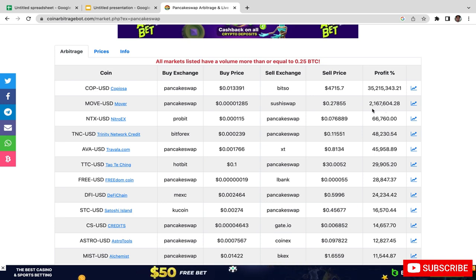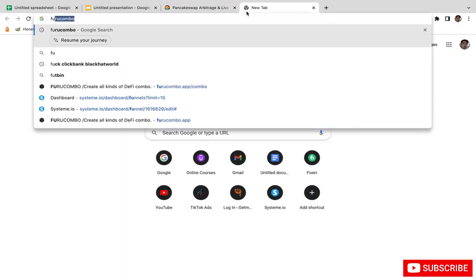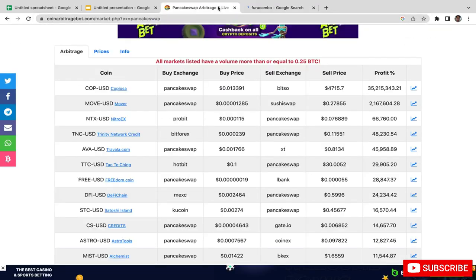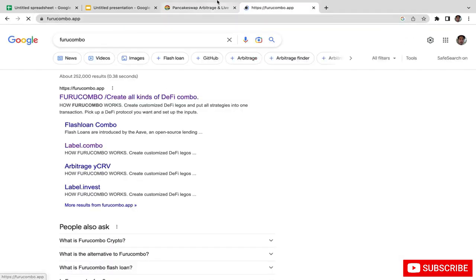If you round that up, it might be like 2.2 million percent. And both of these are decentralized exchanges, PancakeSwap and SushiSwap. That's definitely good news, right? I'm pretty sure PancakeSwap and SushiSwap are also available on Furucombo.